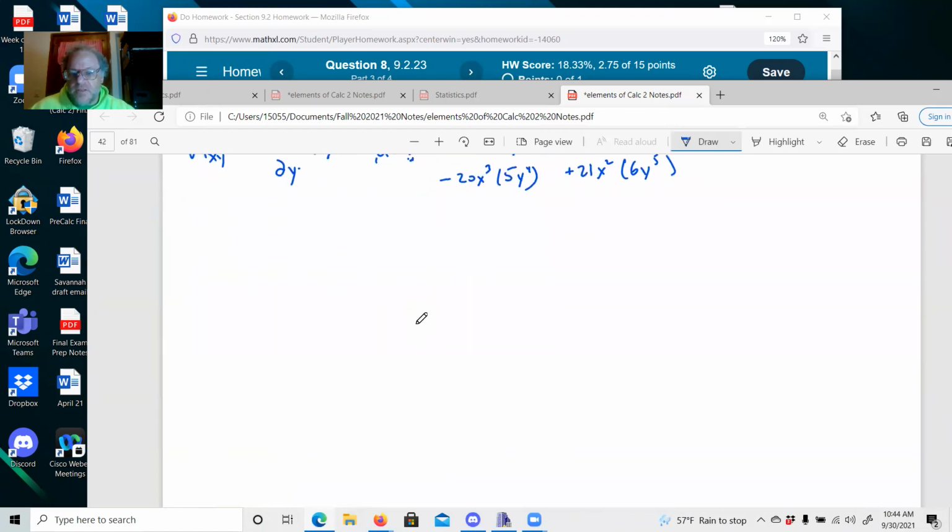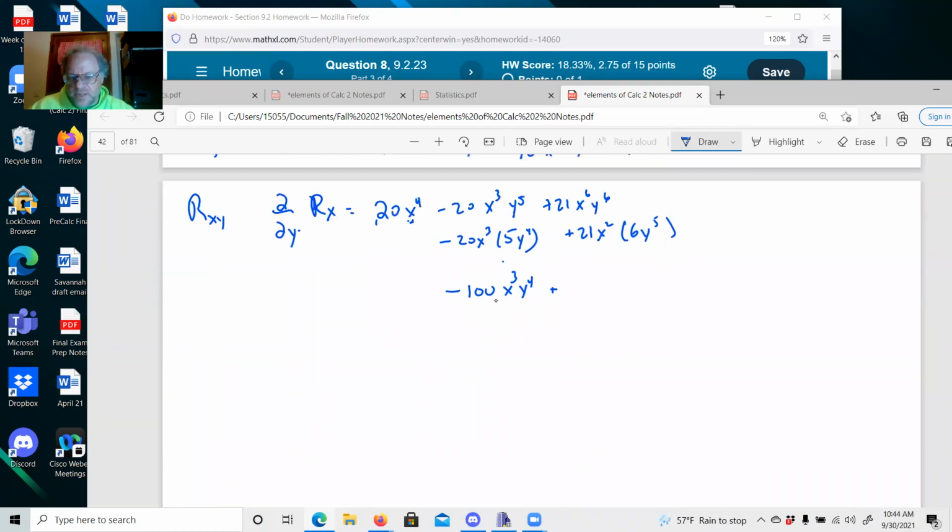So that's going to be 20 times 5 is 100, x cubed y to the 4th, negative, plus here we have 126 x to the 6th, y to the 5th. That's my second derivative for that one.